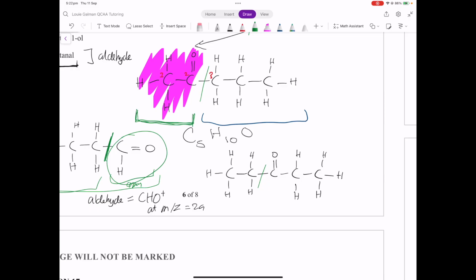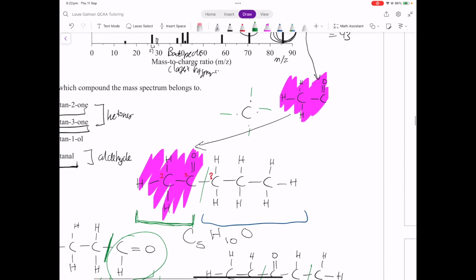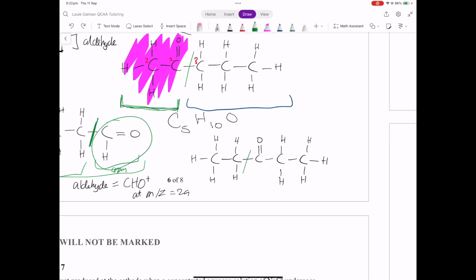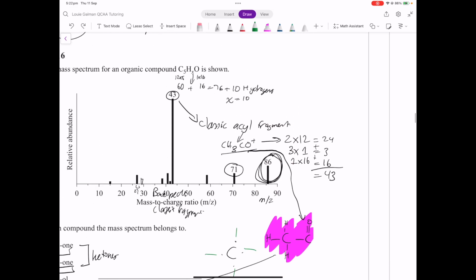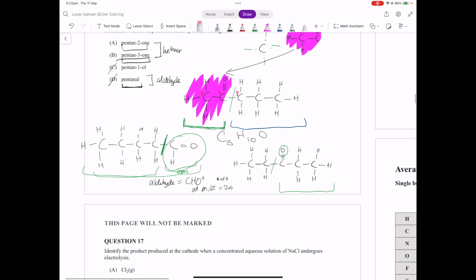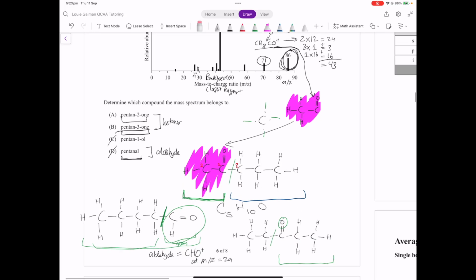And remember, it's only one cut. I can't just make a cut here and say that, oh, I have an acyl group. No, it's only one cut that you can make at a time. There's really no way I can just get the CH3CO because the O is in the middle. So it'll end up us needing to use 3 carbons in that case. All right, so I hope that makes sense.